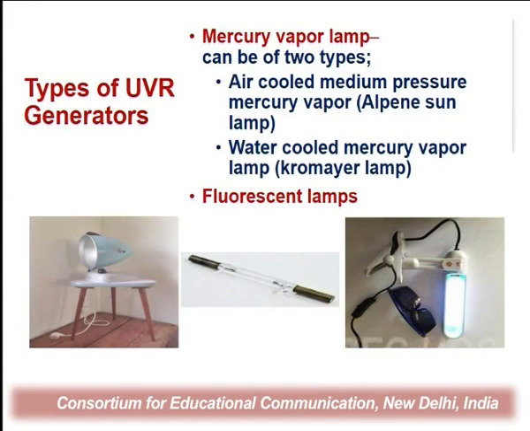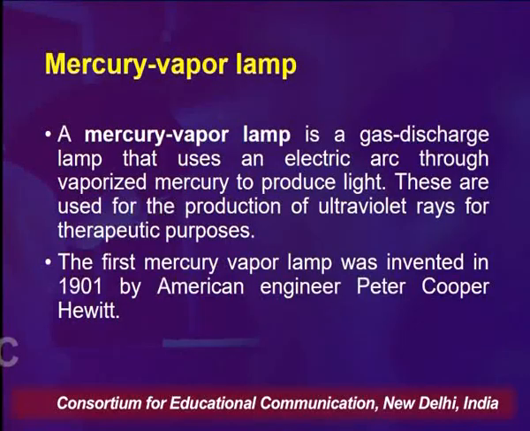Now let's look into the types of UVR generators. The first one is mercury vapor lamps, which can also be divided into two: air cooled medium pressure mercury vapor lamps and water cooled mercury vapor lamps. The second one is fluorescent lamps. So let's look into the mercury vapor lamp.